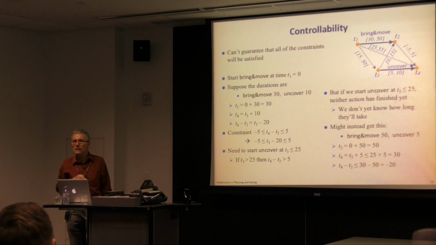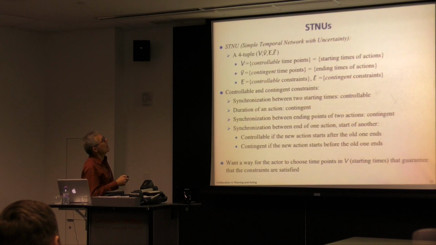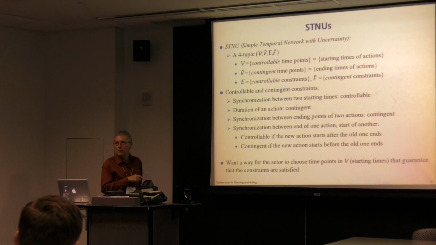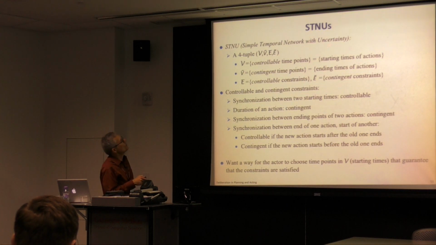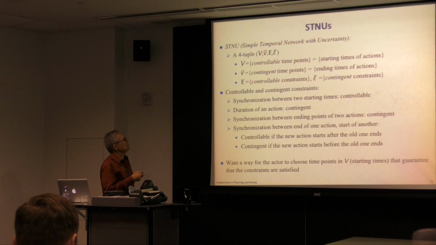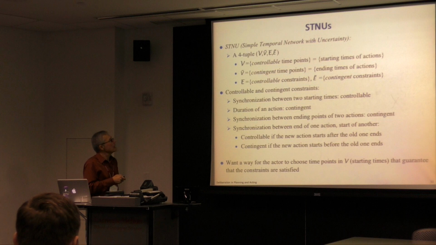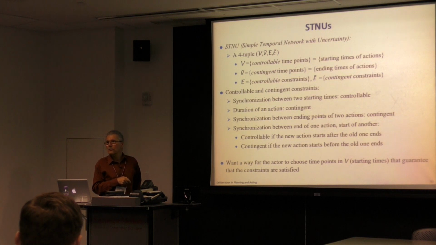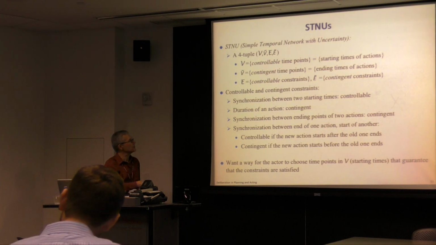All right, so the way we'll handle this is by using something called a simple temporal network with uncertainty, in which we have the time points divided into the controllable ones and the contingent ones, and the edges, the constraints, divided into the controllable ones and the contingent ones. The controllable and contingent ones, well, what does that correspond to in terms of our physical interpretation?